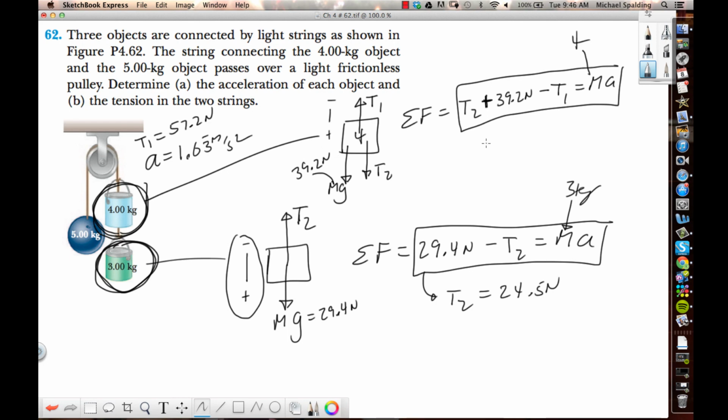This is the 4 kilogram guy. Now solve this for T2. Guess what you're going to get? 24.5. And remember, T1 we know. T1 is 57.2. All right. Done.